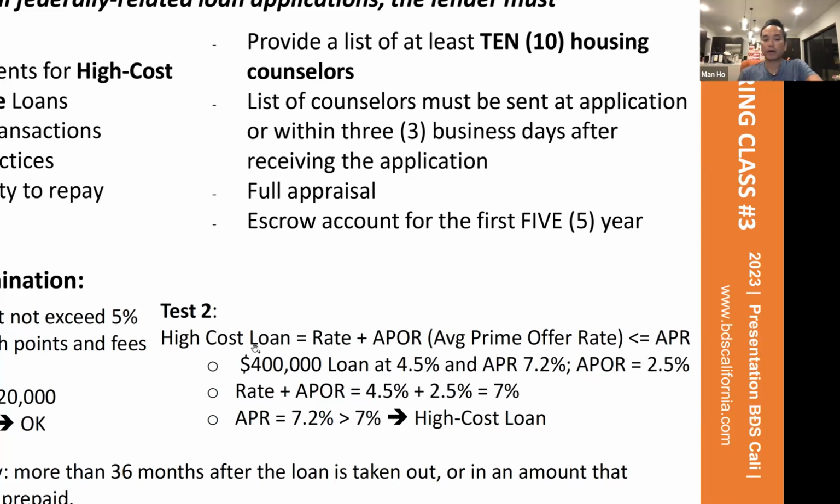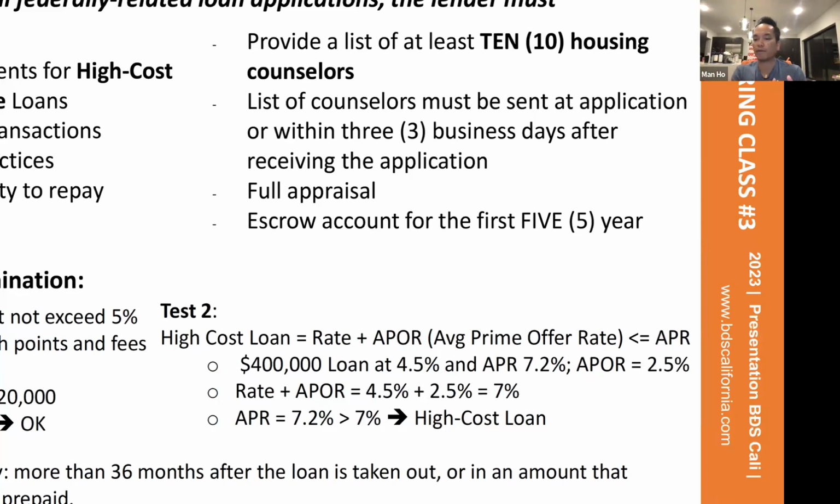Say there's a loan of $400,000 at a 4.5% rate, and the APR is 7.2%. If you look at this, the rate is only 4.5, but the APR is 7.2. If you subtract, that's a big difference, almost 3%. Usually the loan rate and the APR are really close together.